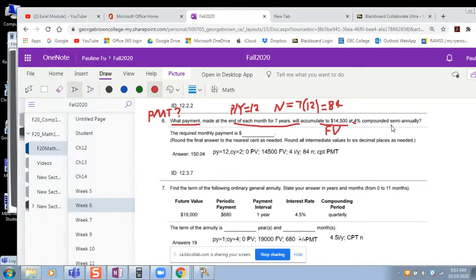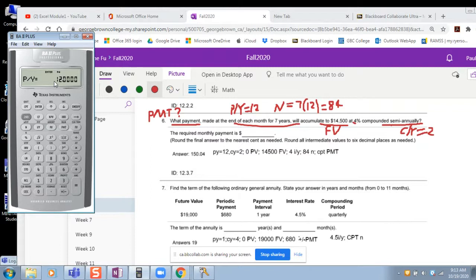CY here, compounded semi-annually means CY equals 2. Semi-annually, CY equals 2. PY is 12.